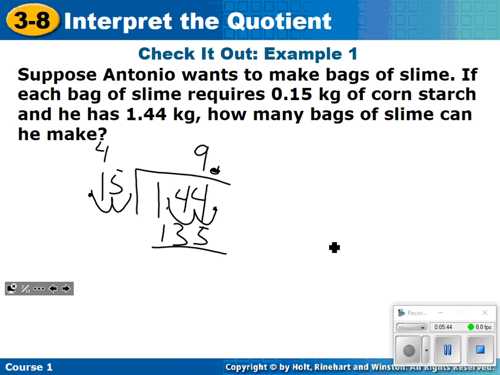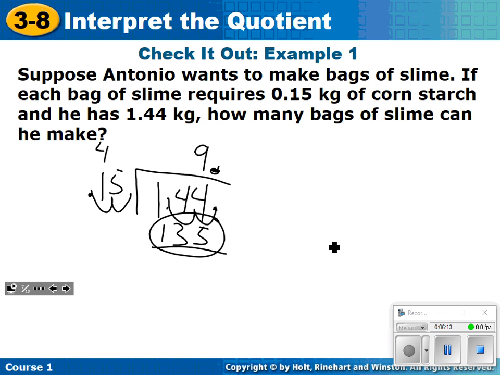Now, why did I even go this far? Why did I even go that far to find that out? Hunter. I want to double check to make sure that I'm right. Yeah, I wanted to make sure that I still have room. Maybe I don't have to add another. Maybe I did this multiplication. I did 9 times 15 to get 135 to see if I'm over, to make sure it's 9.